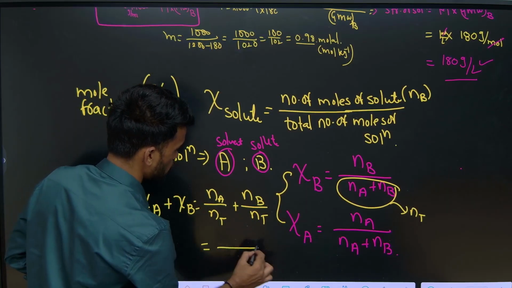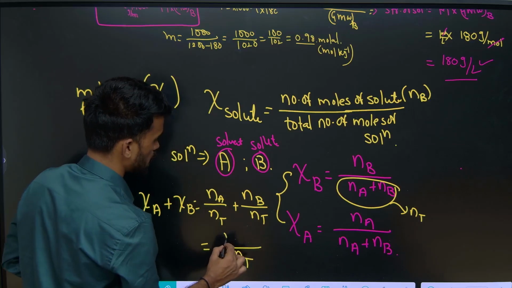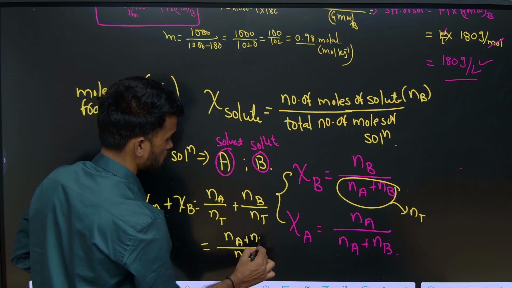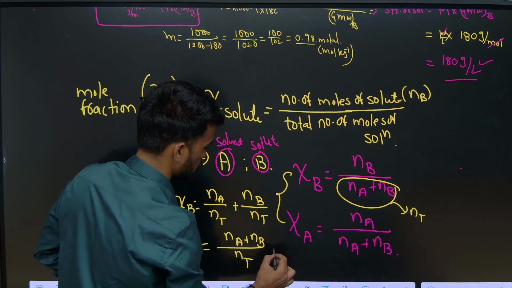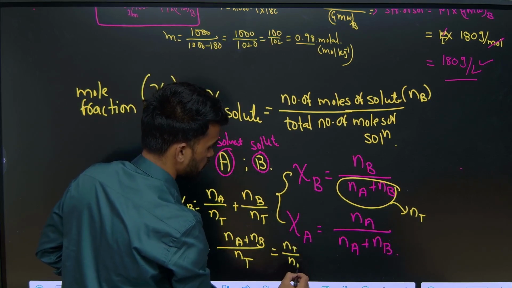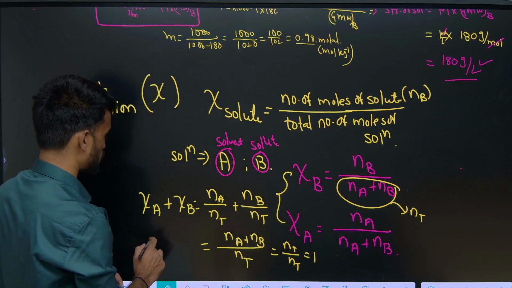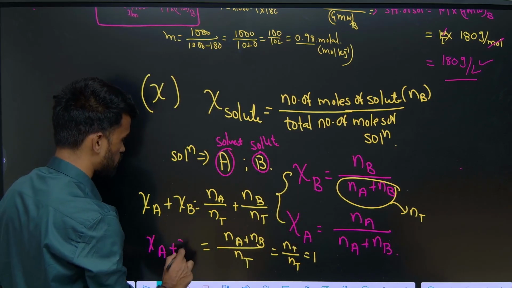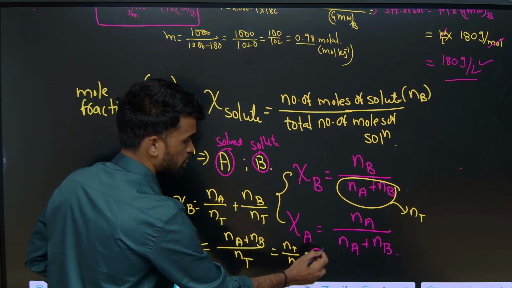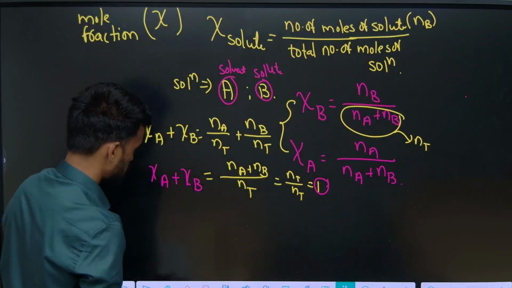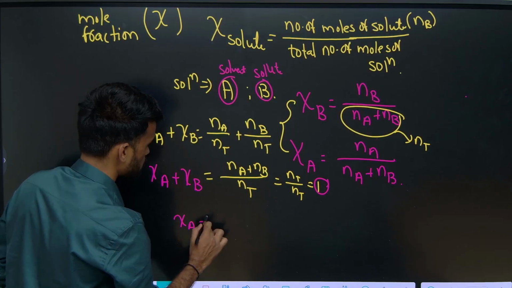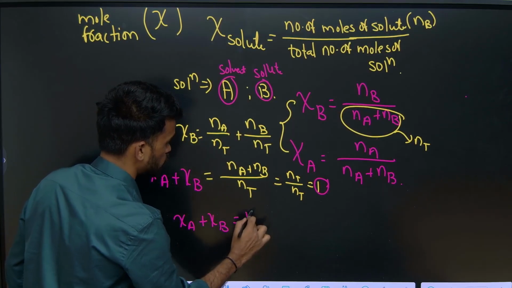Here in the denominator we have N total, and in the numerator we have NA plus NB. NA plus NB means N total, so N total by N total. The sum of the mole fractions of all components will be equal to 1. So chi A plus chi B equals 1.